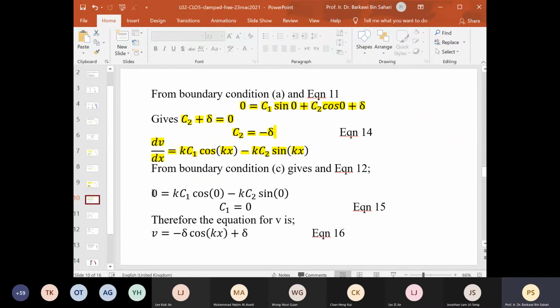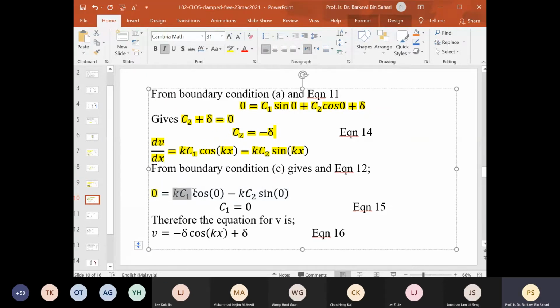So we have 0 equal to kC1 cos 0 minus kC2 sine 0. Sine 0 will give you 0, cos 0 will give you 1. So we have kC1 equal to 0. k cannot be 0, so the only plausible solution for kC1 equal to 0 is C1 equal to 0.